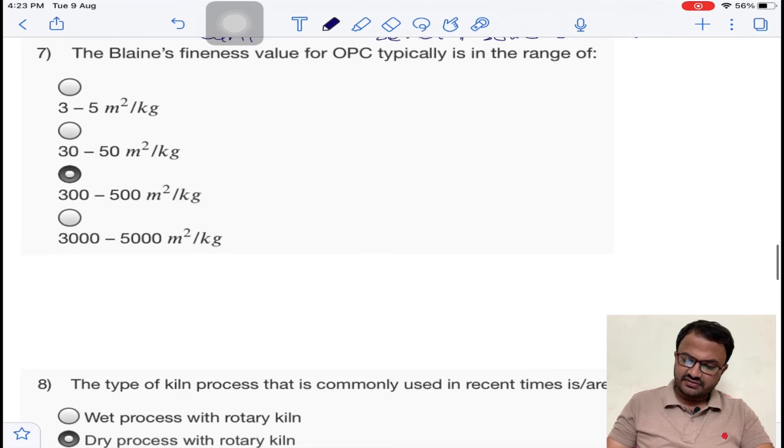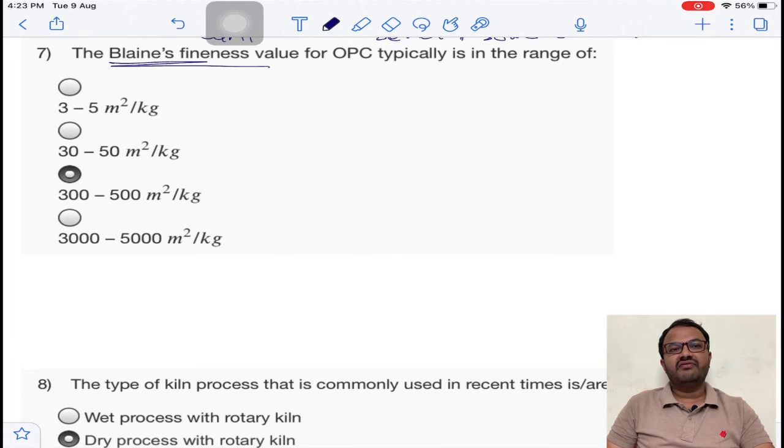And next question is a direct question. Blaine's fineness value. This Blaine's apparatus is useful for fineness. Fineness is generally how much surface area we get by taking unit weight of cement. Certainly, if we take 1 gram of cement, how much surface area is in this 1 gram?